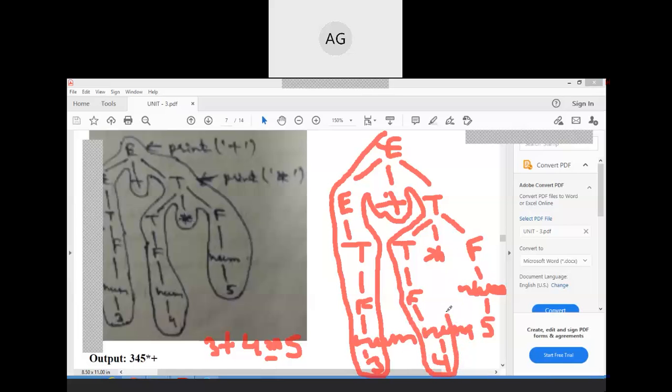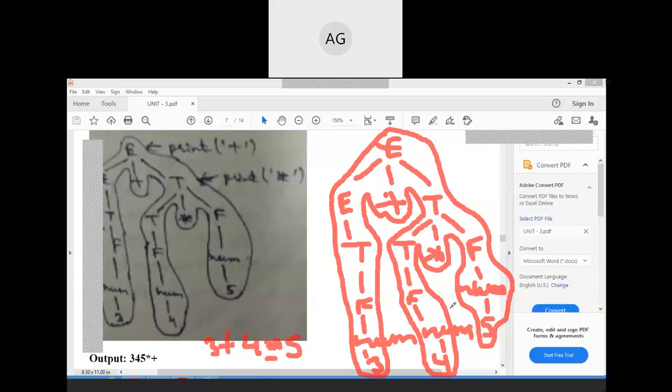Then I follow this multiplication sign. Then I follow this third trail, and after that I reach F again, then T again, and then the root again. This path I need to follow.